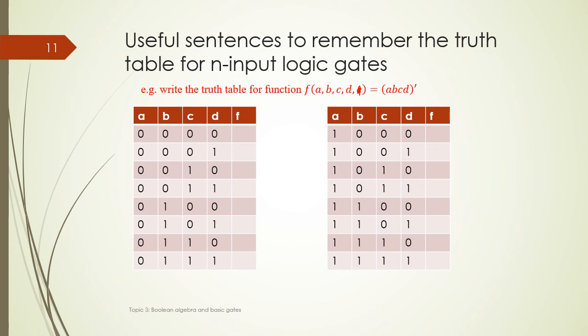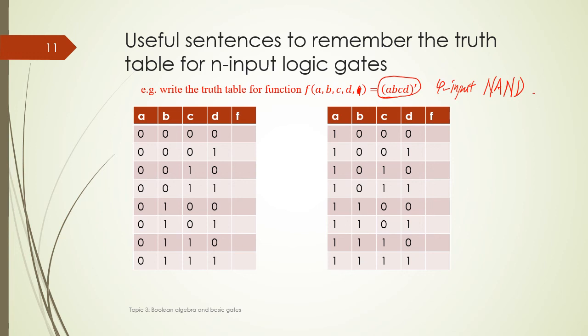Actually, we don't have E here. We have 4 variables, A, B, C, D, right? So what function is this? So we have A and B and C and D, but with a prime. So this is a 4 input NAND gate, NAND function, right?